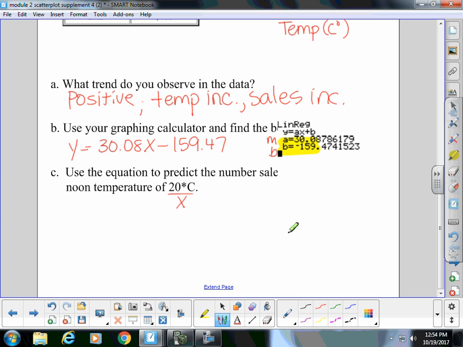To figure out the answer for 20 degrees Celsius, the temperature is the x. So to predict the sales, I would just plug that number in. So y equals 30.08 times 20 minus 159.47, and that would give me my answer for my sales, for my prediction.